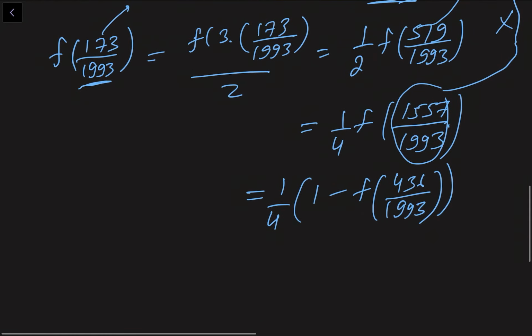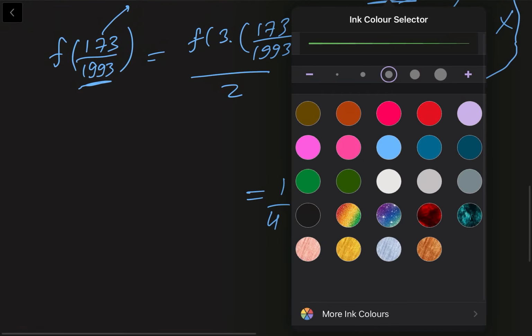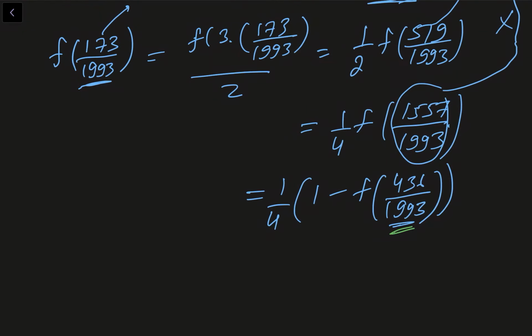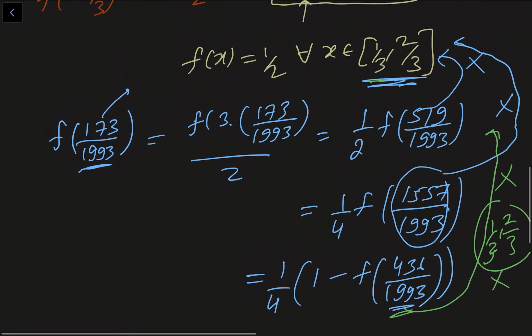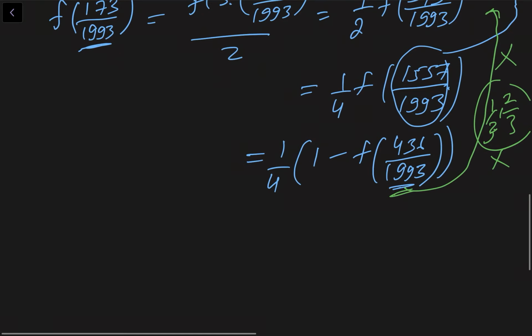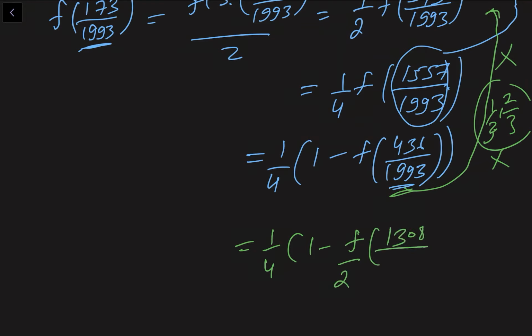Now here, if you check, this term also does not lie in the range of 1 by 3 to 2 by 3. So again I have to apply further. If I again use equation number 1 here, what I'm getting is 1 minus f of 1308 divided by 1993.